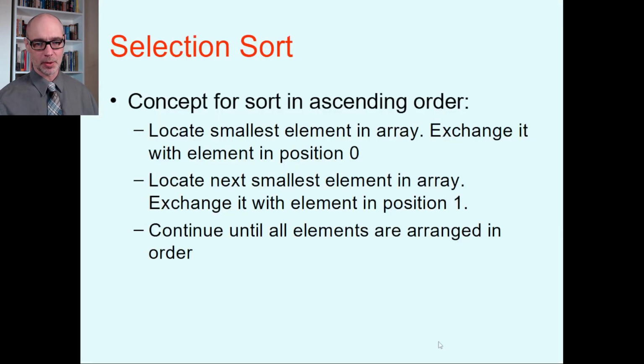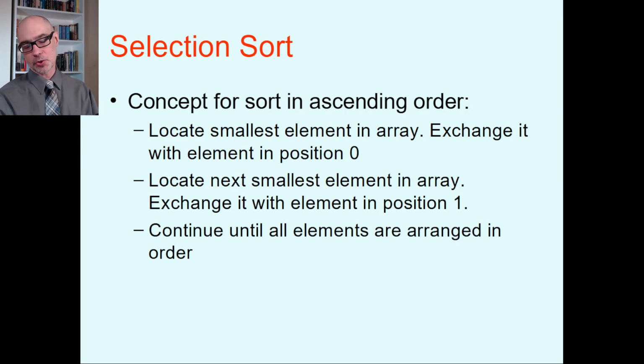Let's think about that a little bit more deeply. So the basic idea for a selection sort is you're going to search the whole array and do a find the smallest job, like we reviewed back in chapter 7, a kind of standard algorithm. You're going to locate the smallest element in the array and just swap it with the element in position 0, because that's where it goes. It belongs at the start of your array.